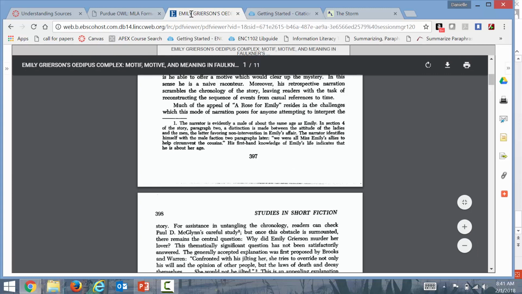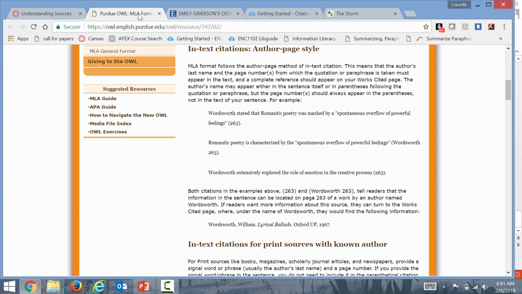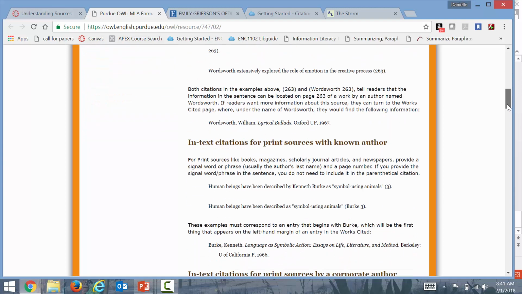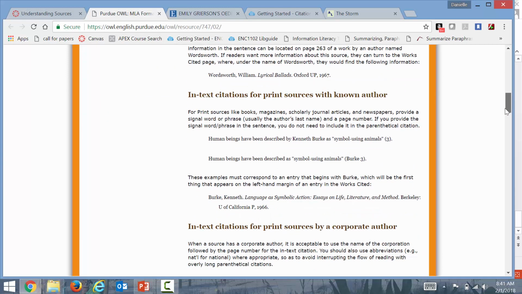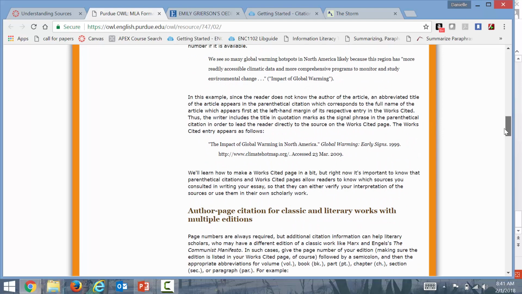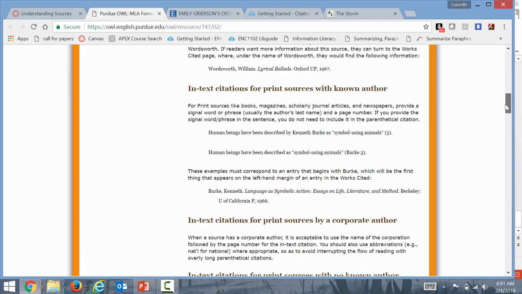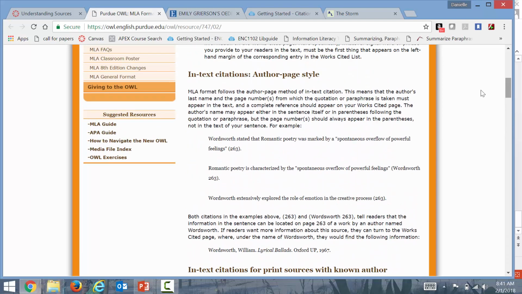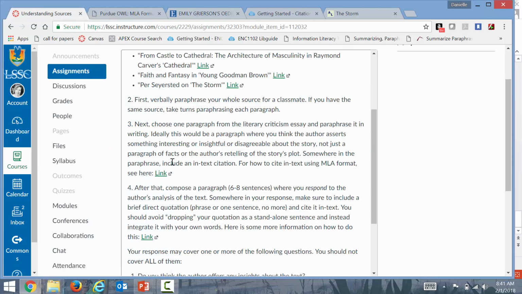So you want to give credit in that way. Now, if there's no known author, I think all the sources I linked to do have an author, but if there isn't a known author, then it will tell you how to cite that as well, or a corporate author. But I think this information should suffice for completing number 3.